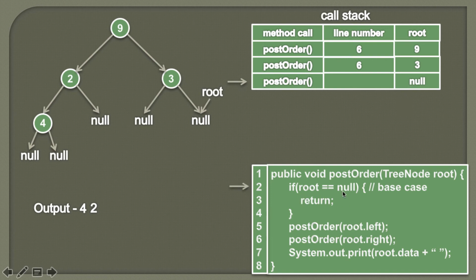So we'll check whether root is equal to null or not. So currently root is equal to null. Therefore we have actually visited the right subtree for the node 3. So we'll simply return from this method. And as we return from this method, this post order method will be removed from the call stack and point of execution will reach to this post order method.